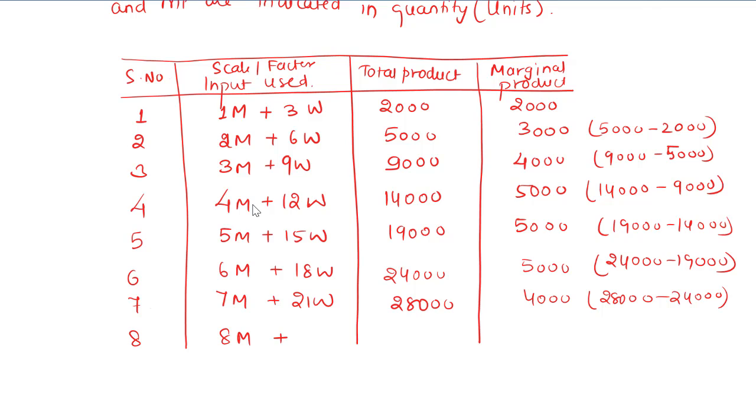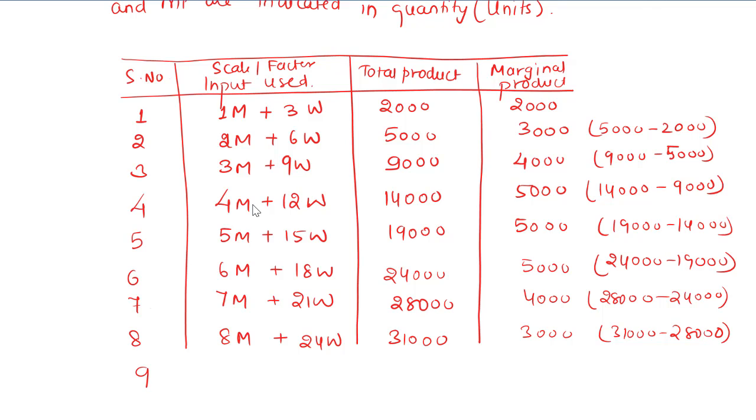The next is when you use 8 machines and 24 workers, in that case the total product went up to 31,000, that is 31,000 minus 28,000, so the marginal product is 3,000.